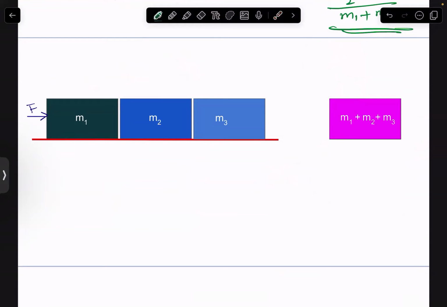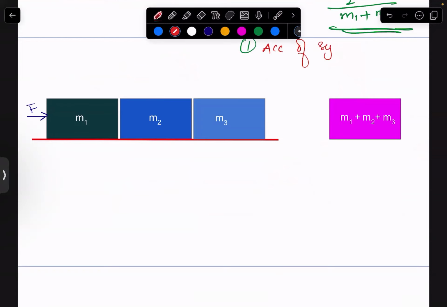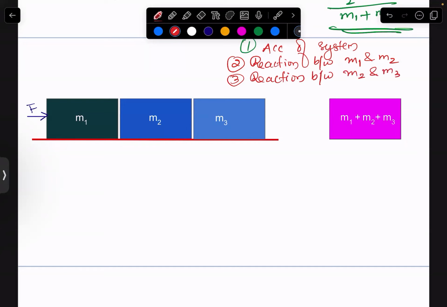Our objective is, first, we will find the acceleration of the system, then we will find the reaction between m1 and m2, and the reaction between m2 and m3.